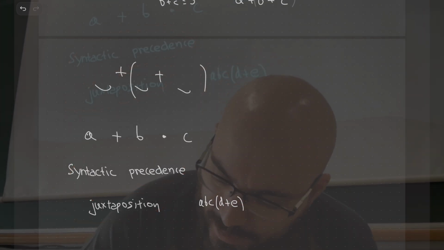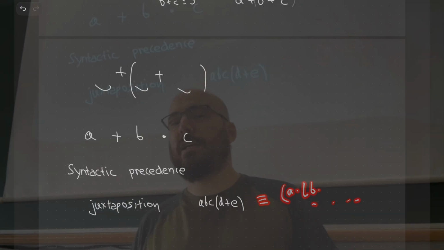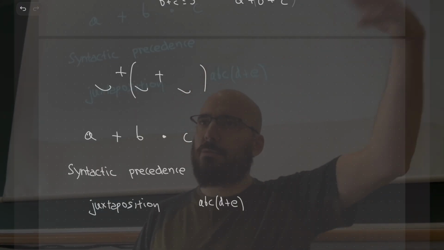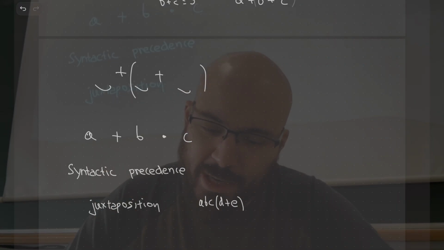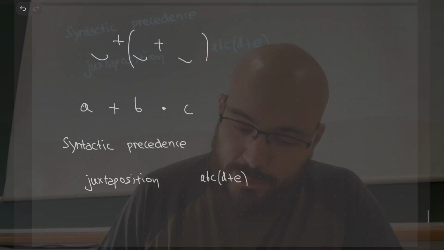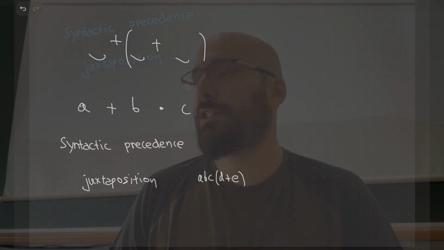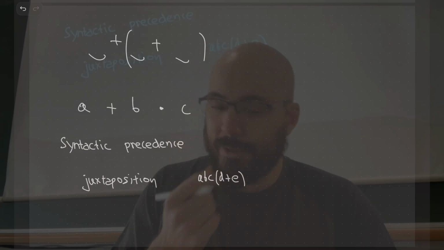This will be something like, I will not write it down, A times parentheses B times blah, blah, blah. Okay, so there are three syntactic things that we want to establish, and my main point here is that these are exactly syntactic things that we need to settle, and if we don't, things are meaningless. Questions? Okay.